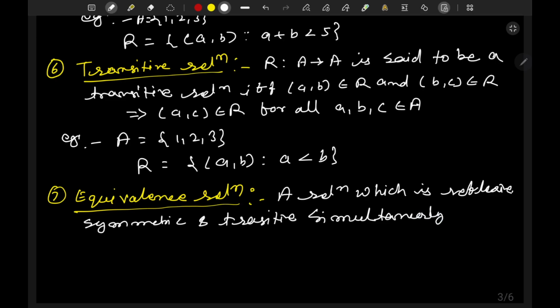When all three properties are satisfied, then this is called an equivalence relation.